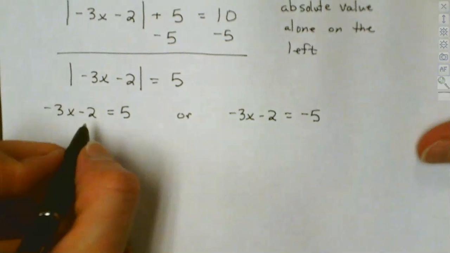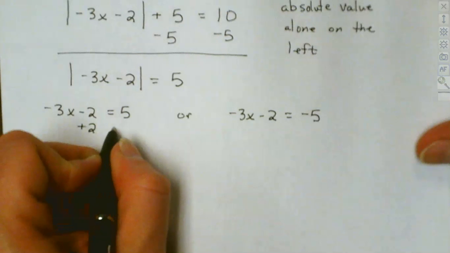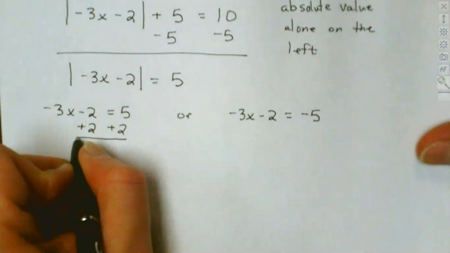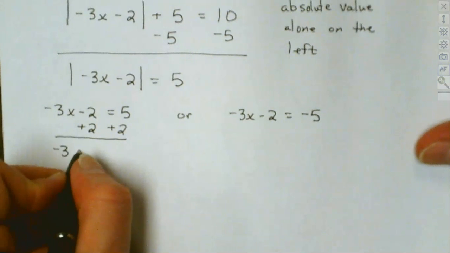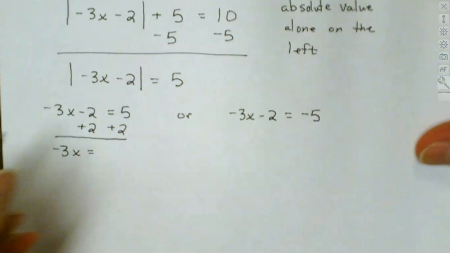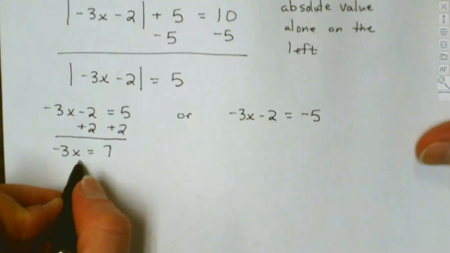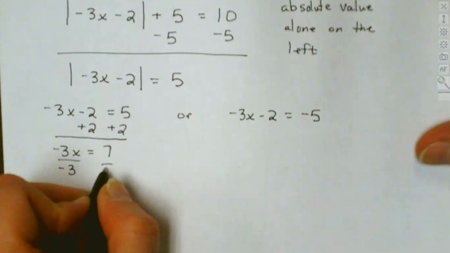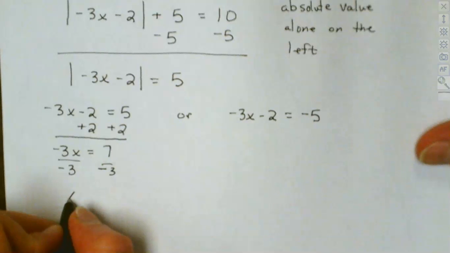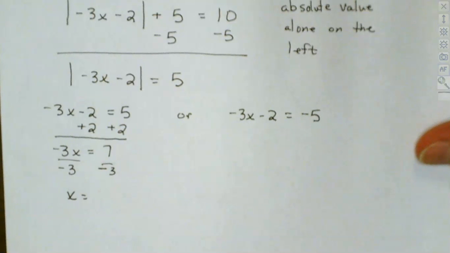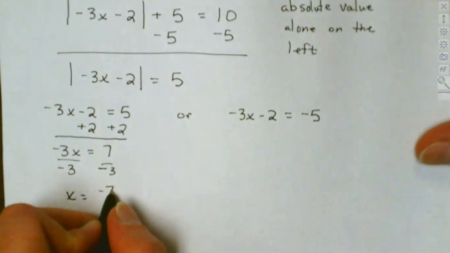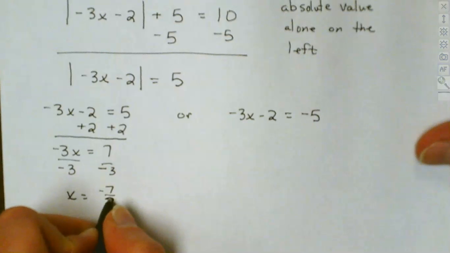Now we solve them. So add your 2, and that gives you 3x equals now 5 and 2 makes it a 7. Divide by your negative 3. And one solution is now x equals a negative 7 over 3.